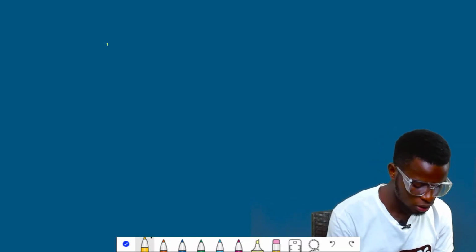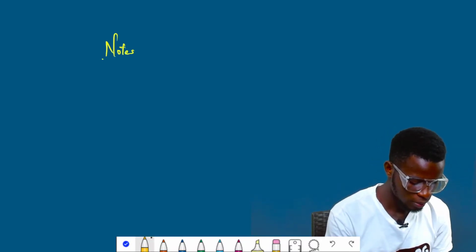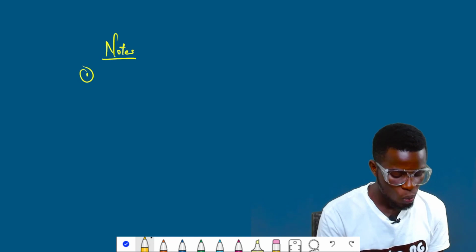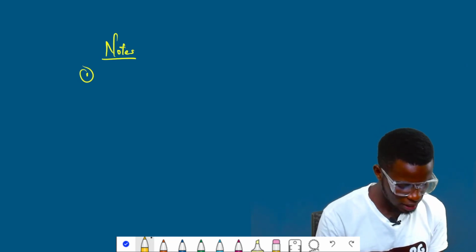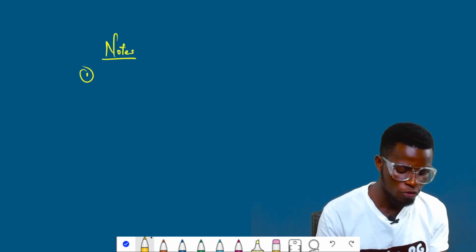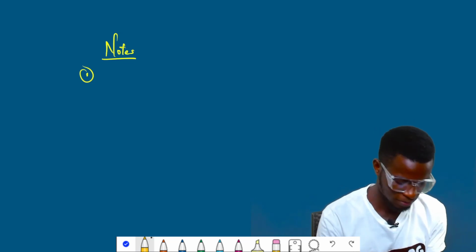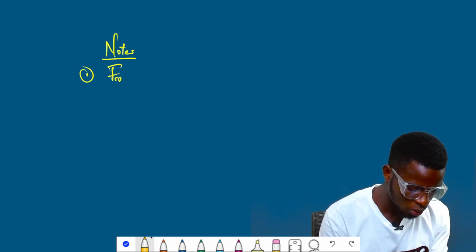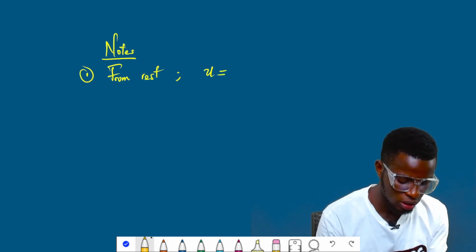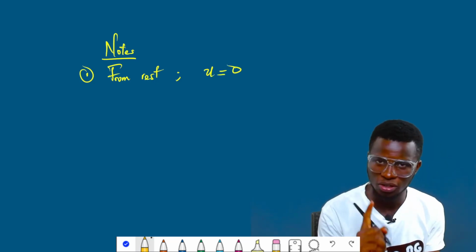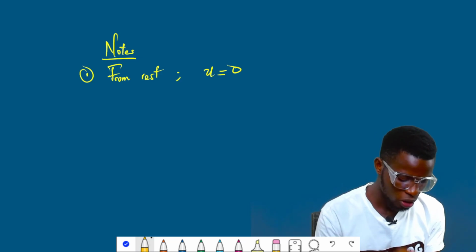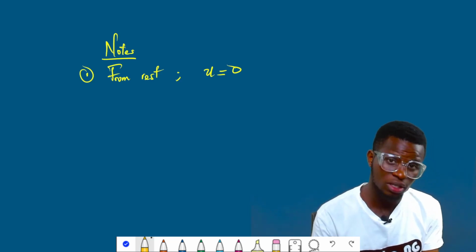The first note: when an object is said to move or accelerate from rest, then initial velocity is equal to 0.